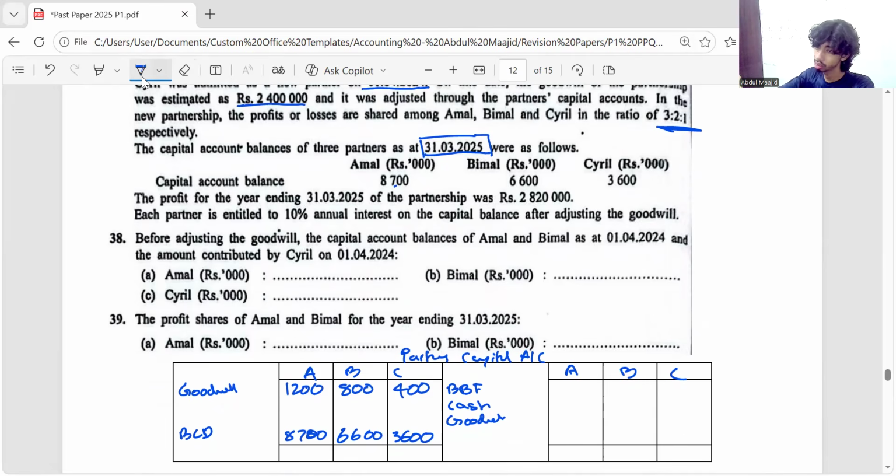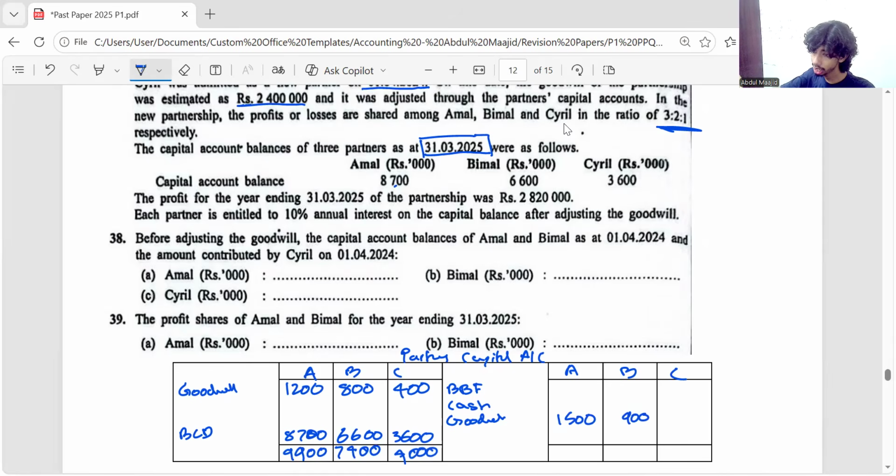1,500 and 900. Okay, now balance this off. 1,200 plus 8,700 is 9,900. Bimal 800 plus 6,600 is 7,400. Cyril 400 plus 3,600, that is 4,000.